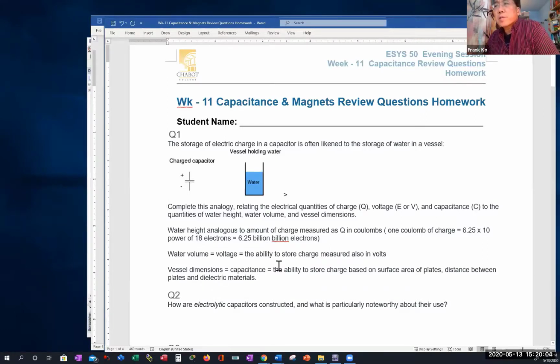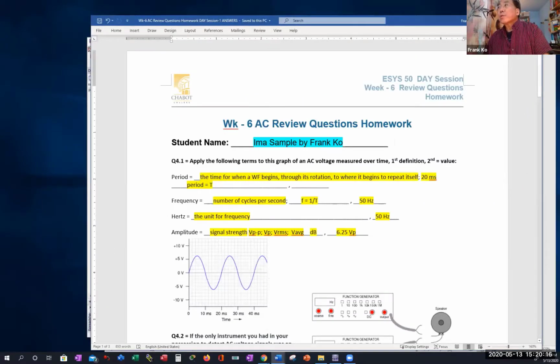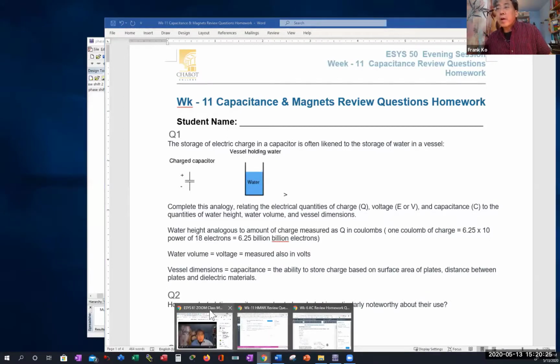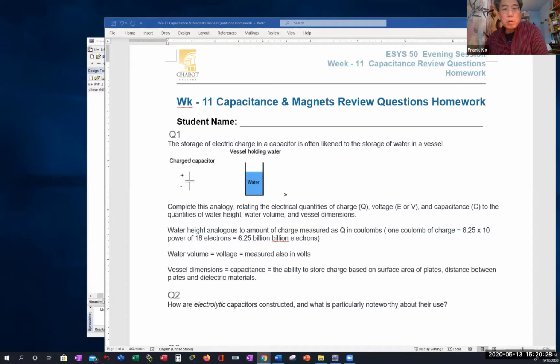So we talked about this when we had our capacitance lecture some time ago, and if we refer back to, let's see, we can go ahead and save this and close this out. And we come to here, and we go to YouTube. So while that's coming up, we would go ahead and answer this question on the basis of those.